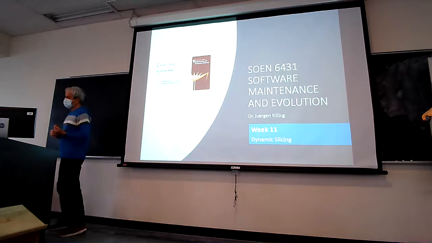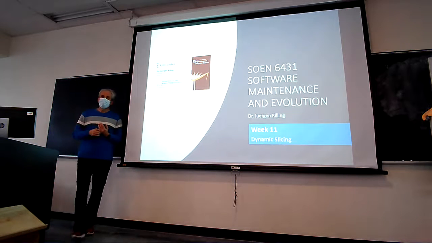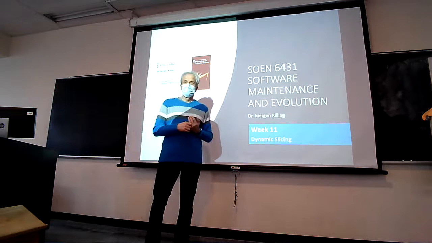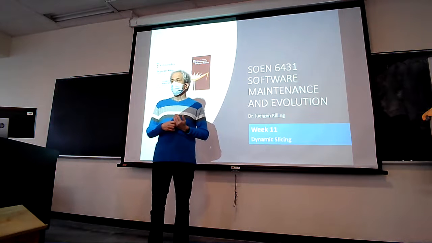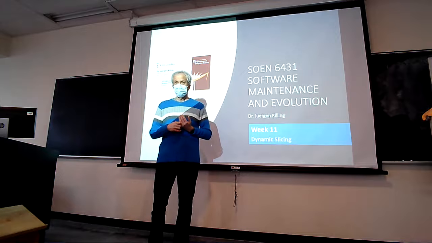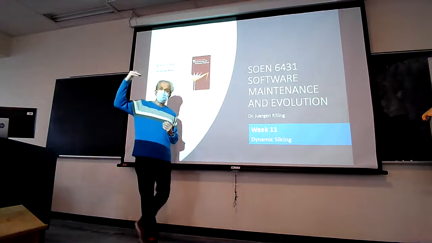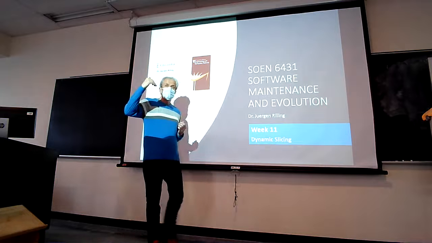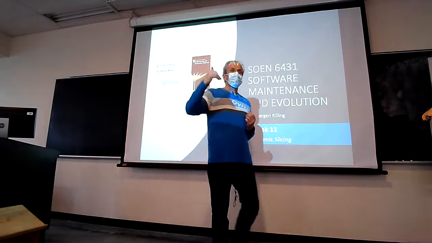We also saw some examples of the challenges for dynamic slicing. One of them is space complexity, because every program execution, every statement which we execute creates a node in our dynamic program dependency graph.